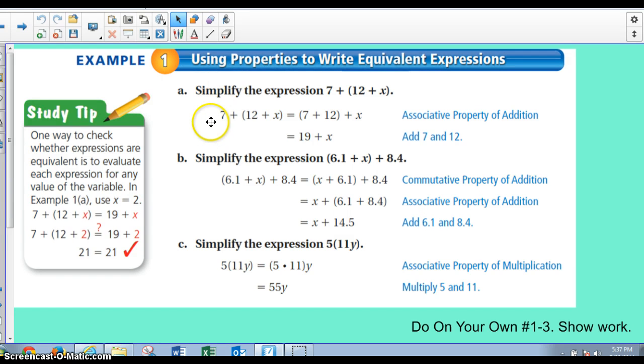All right, let's look at A. Simplify the expression. We're going to use the associative property of addition because we have parentheses. Right now we have 12 plus x and then plus 7. Well, what we want to do is keep the numbers together in the parentheses and keep the variable by itself.